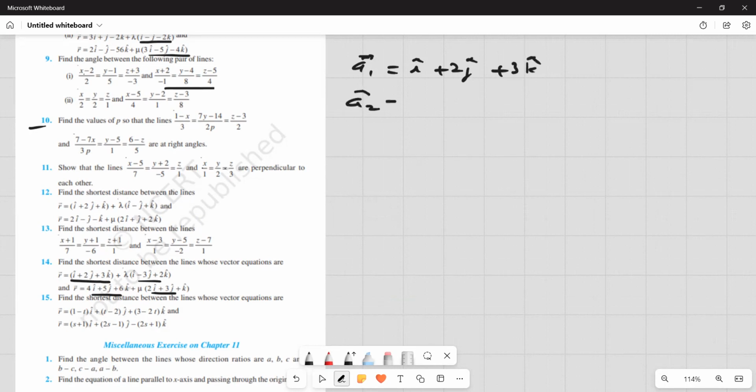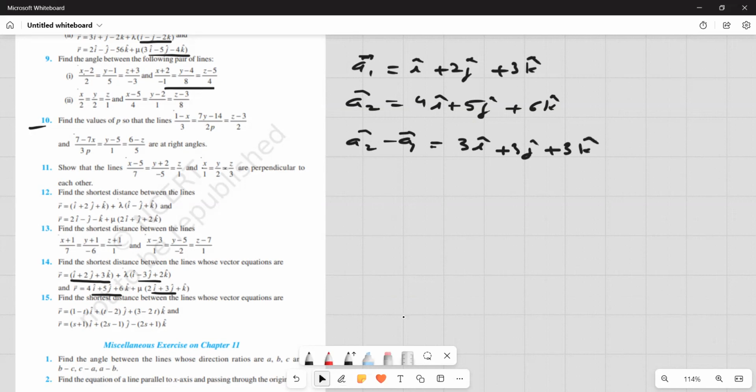A2 is 4i plus 5j plus 6k. So A2 minus A1 will be 4 minus 1, 3i, 5 minus 2, 3j, 6 minus 3, 3k. This is your A2 minus A1.